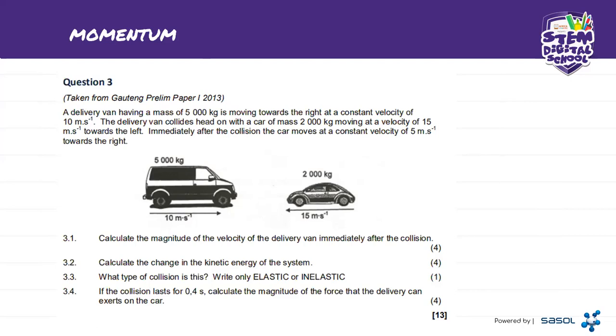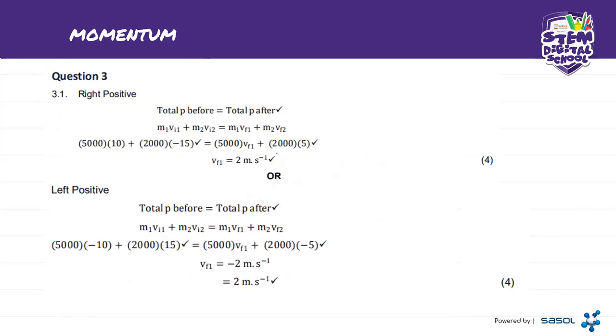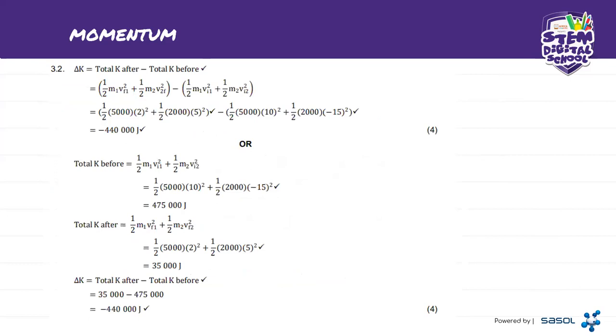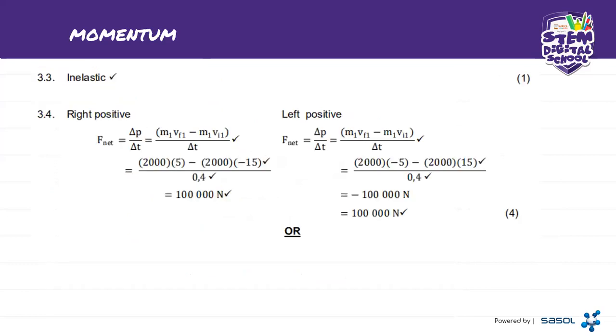So what are they looking for? They're looking for the F net. So the F net is what we're looking for. So F net Δt is equal to the change in momentum. Okay. So let's see how we calculate this one. Okay. So there we have it. We're going to have F net equals change in p divided by change in t.